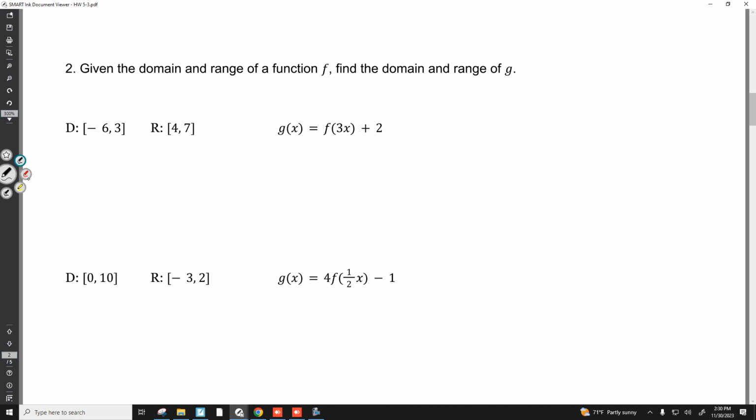Yeah. Your y's will be added by 2. That's your range that you would add 2 to. Your x's are being dilated by a factor of 1/3, opposite of what you're expecting. You would take your x's, which is your domain, and you'd multiply them by 1/3. Right? Nancy?